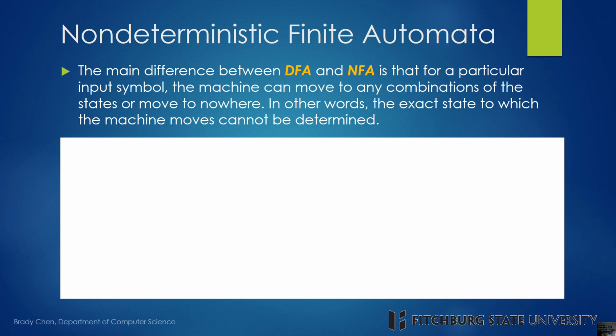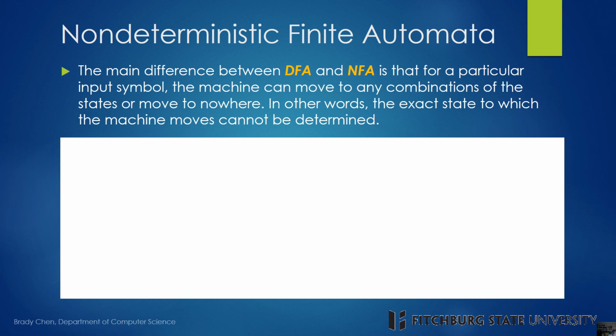Okay, so as we mentioned, the main difference between DFA and NFA is that for a particular input symbol, the machine can move to any combination of states or move to nowhere. In other words, the exact state to which the machine moves cannot be determined. That's the reason why we call it non-deterministic finite automata.